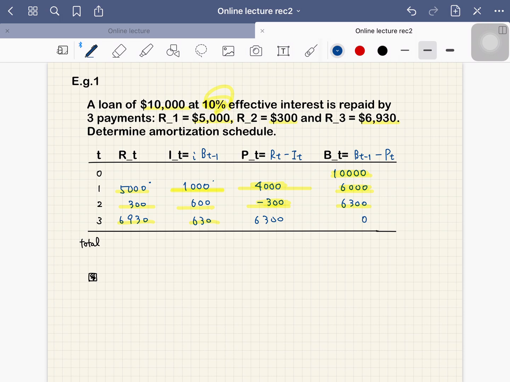Note that the principal repaid totals $10,000, interest repaid is $2,230, and total payment is $12,230. Here I just want to mention again that the principal repaid may be negative, but we still have no problem making the amortization schedule.